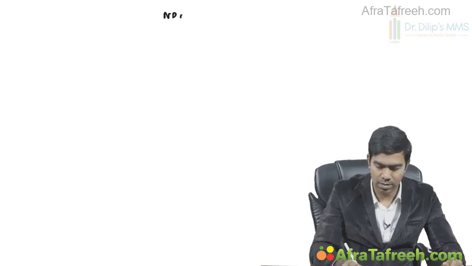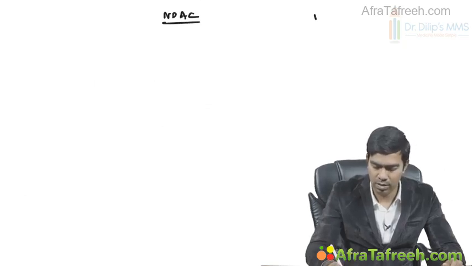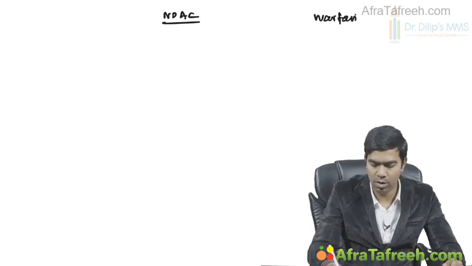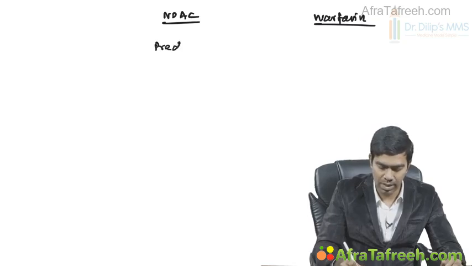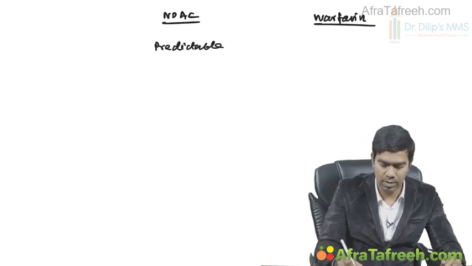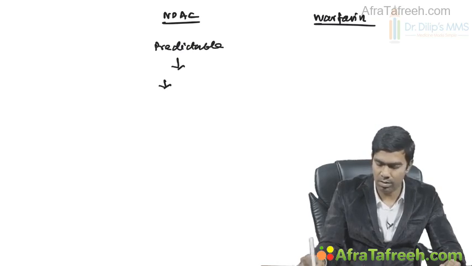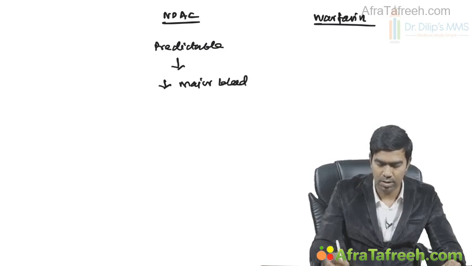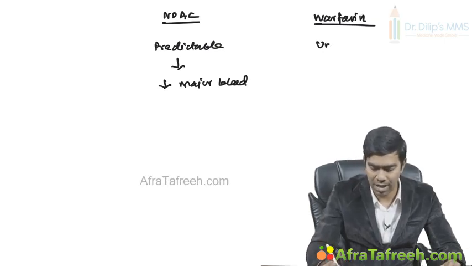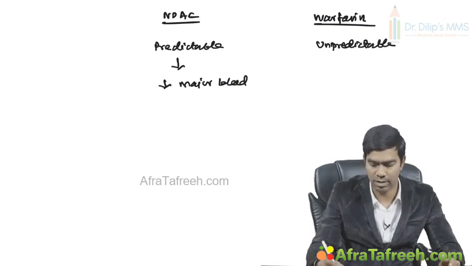Now let us see the differences between NOACs and warfarin. What are the differences between novel oral anticoagulants and warfarin? NOACs are more predictable in their action. That is why the chances of major bleeds are a bit less with NOACs. Whereas warfarin is unpredictable in its action. It cannot be predicted because of a lot of interactions which we'll discuss.